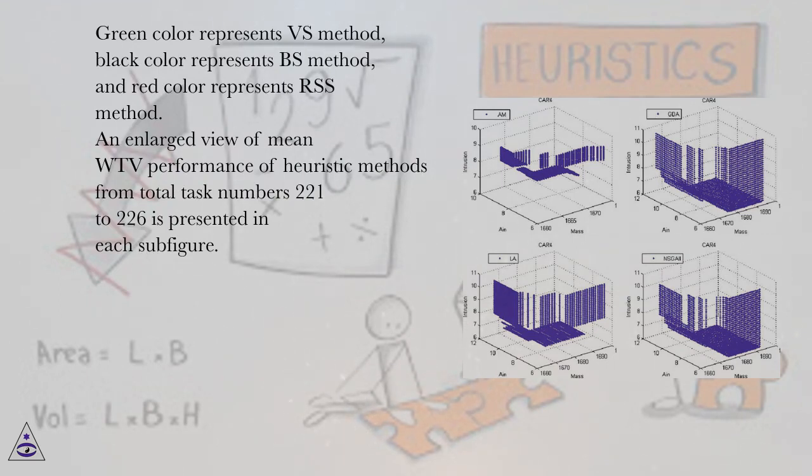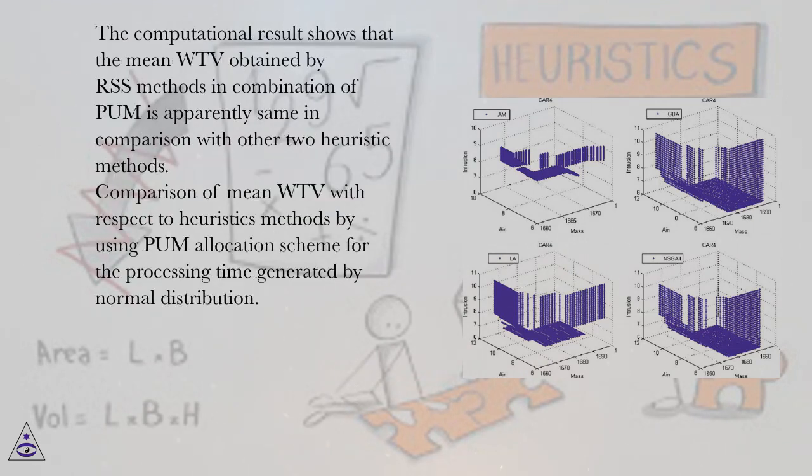An enlarged view of mean WTV performance of heuristic methods for total task numbers 221 to 226 is presented in each subfigure. The computational result shows that the mean WTV obtained by the RSS method in combination with POOM is apparently the same in comparison with the other 2 heuristic methods.